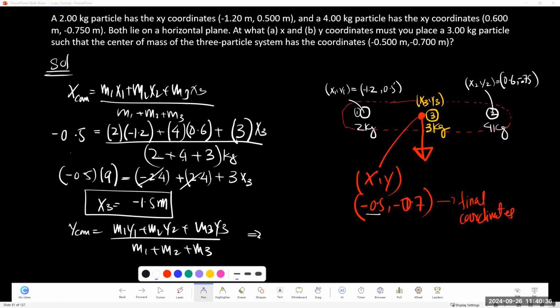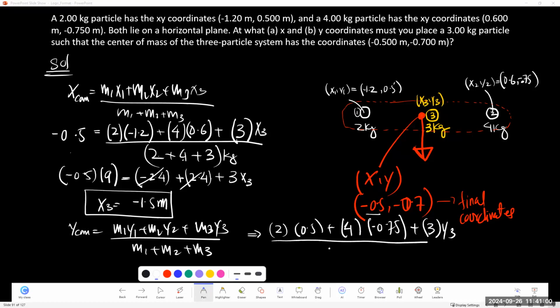If I do that, it's going to be 2 times 0.5 plus 4 times minus 0.75, which is right here, plus 3 y3, divided by 2 plus 4 plus 3.